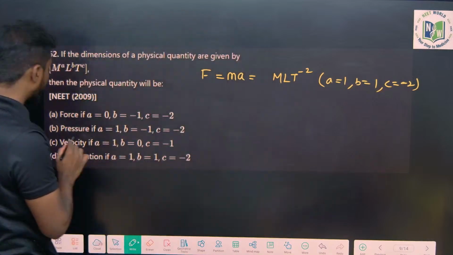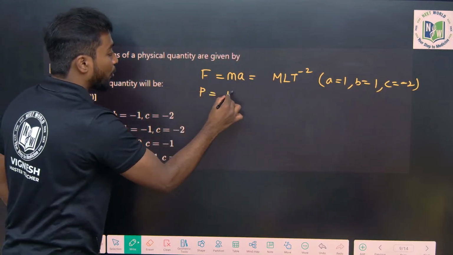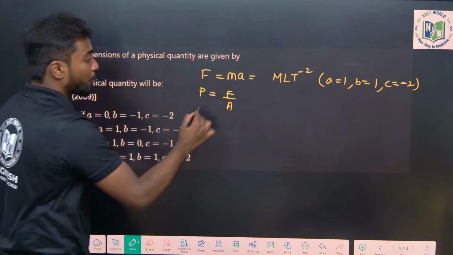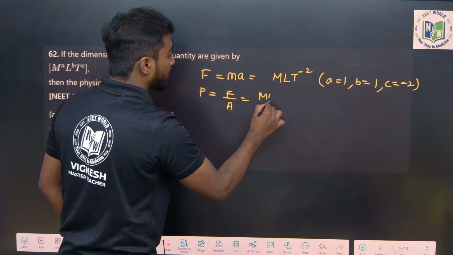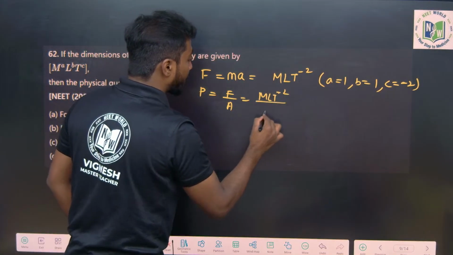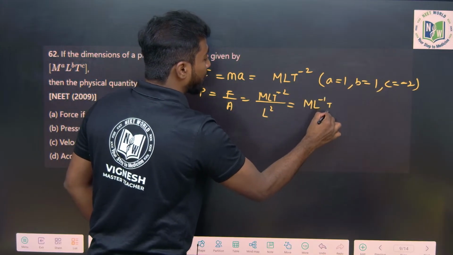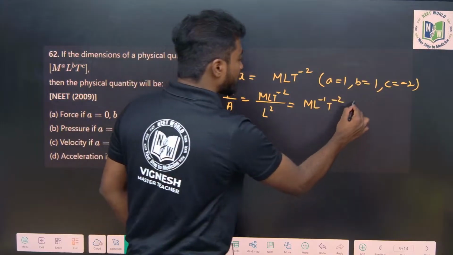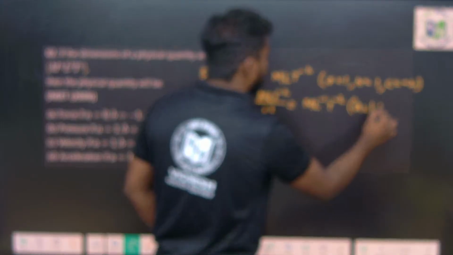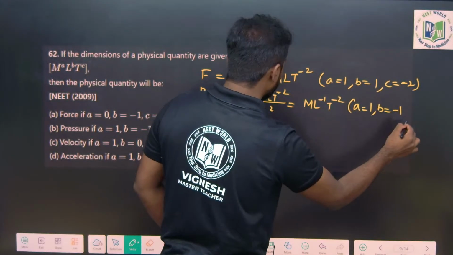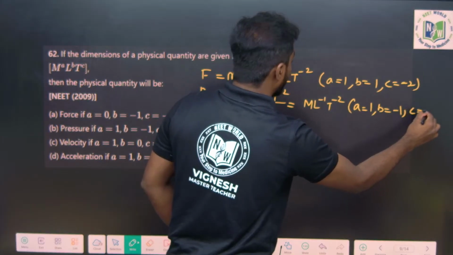I will check it later. Pressure is nothing but force by area. Force is M L T power minus 2 divided by L square, which is M L power minus 1 T power minus 2, so a is equal to 1, b is equal to minus 1, c is equal to minus 2.